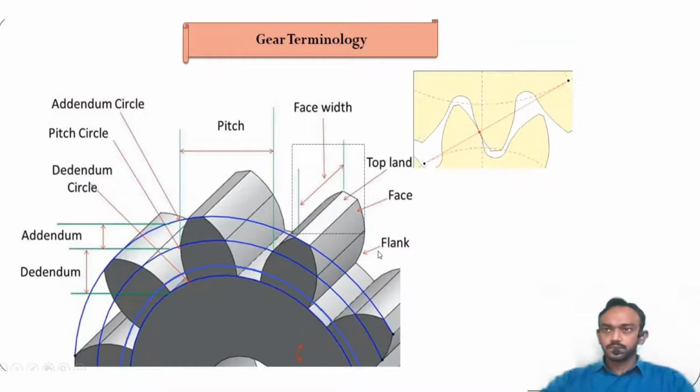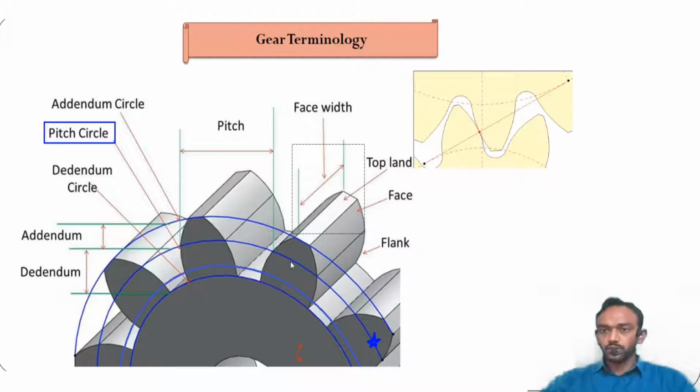Okay, let's start gear terminology. First of all, check this. These four circles are there. Among them, the second blue circle is the most important. It is known as the pitch circle. The definition of the pitch circle is an imaginary circle whose rolling action would be considered the same as the gear.